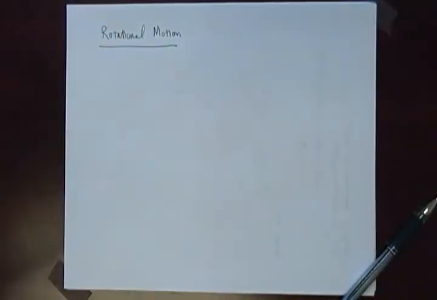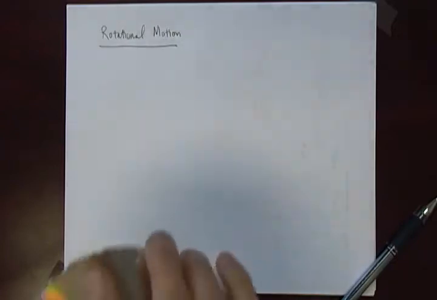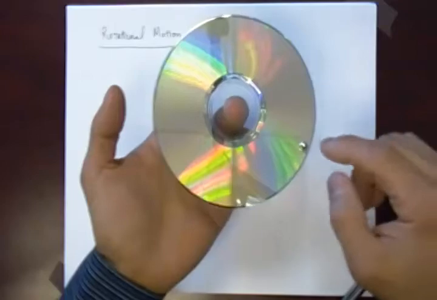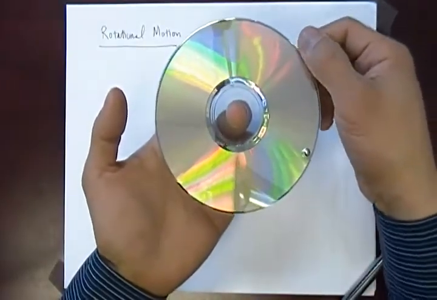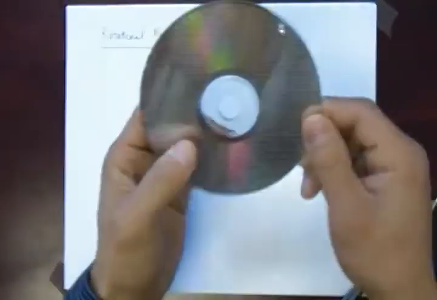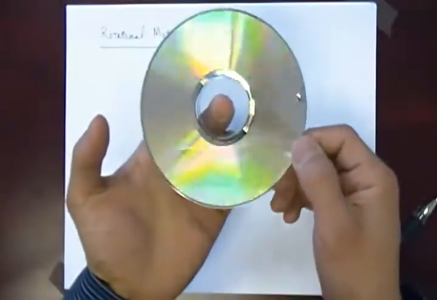So today we'll be talking about rotational motion. By rotational motion I mean an object that's spinning around in a circle. For example, look at this little metal sphere that's attached, actually it's magnetic, that's how it's attached to this CD.